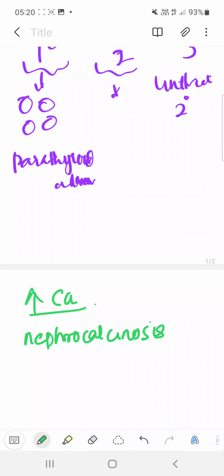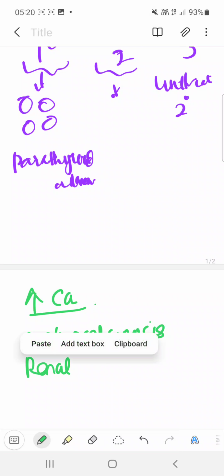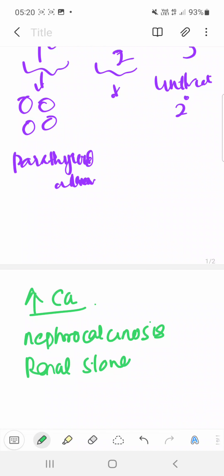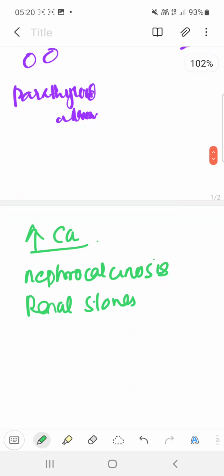It can form stones, causing renal colicky pain or renal stones. So renal colicky pain and reflex gastric symptoms, that is vomiting. It can cause sphincter constriction in the gut, so there will be abdominal pain and constipation.